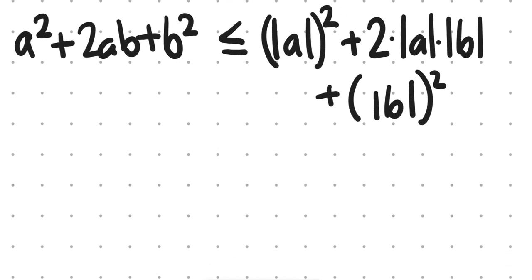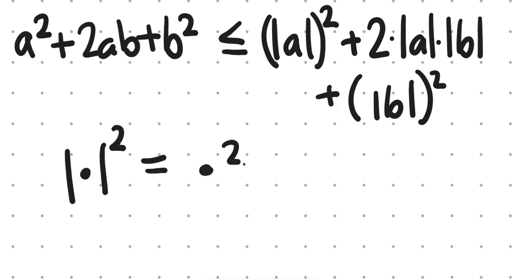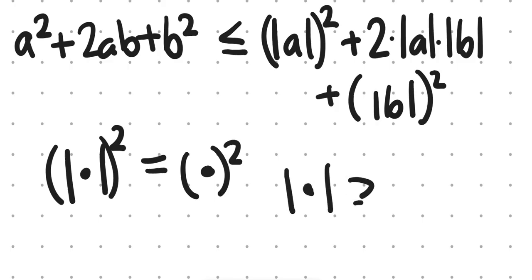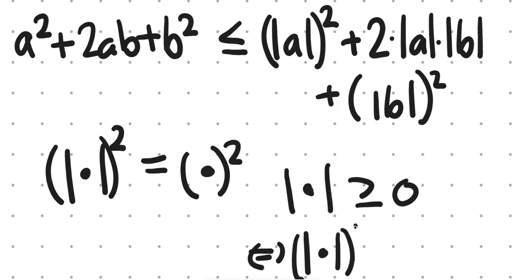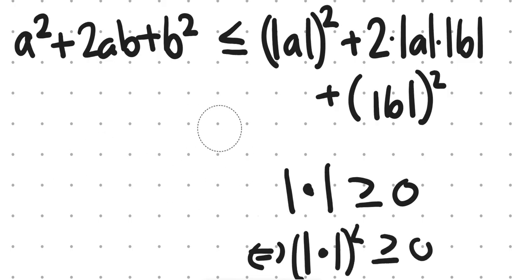What is the absolute value squared? Any component squared is just the component squared. Since we know that the absolute value of something is greater or equal to 0, the absolute value squared is also greater or equal to 0, so it won't change the inequality at all.